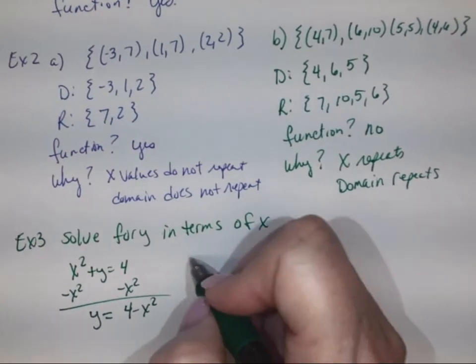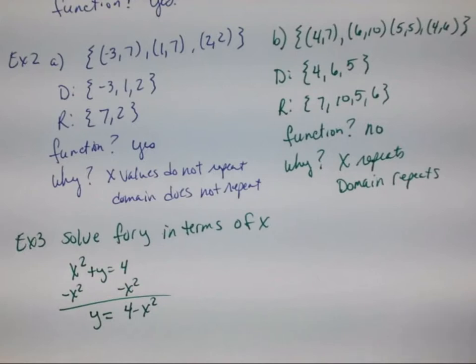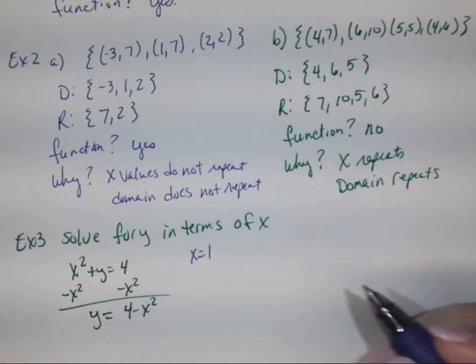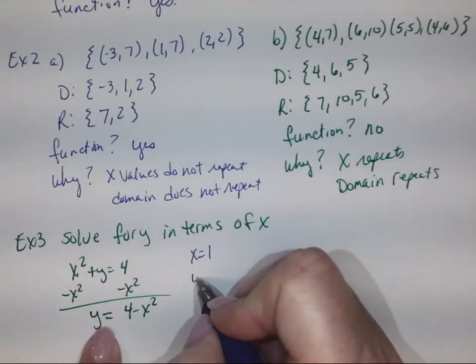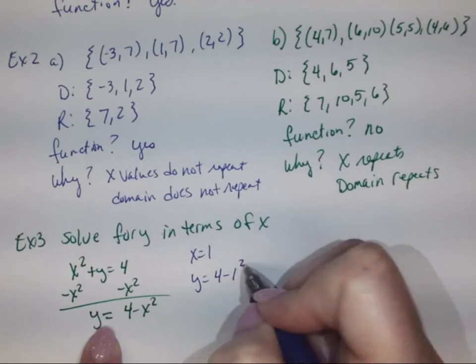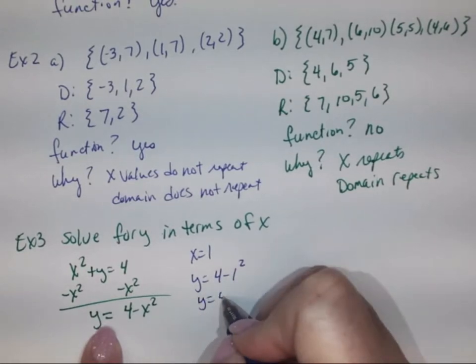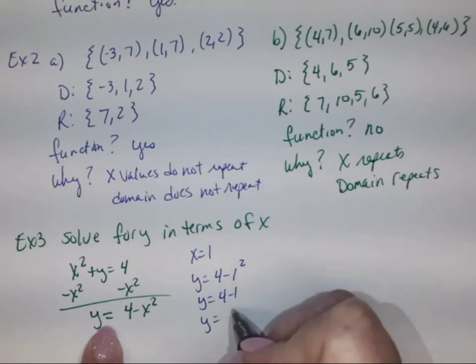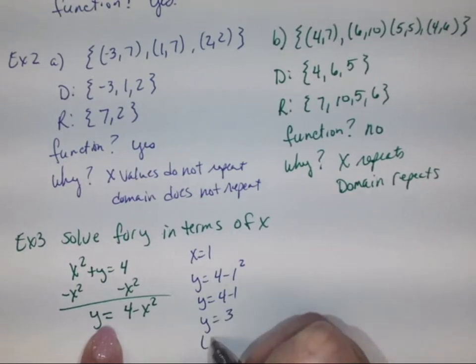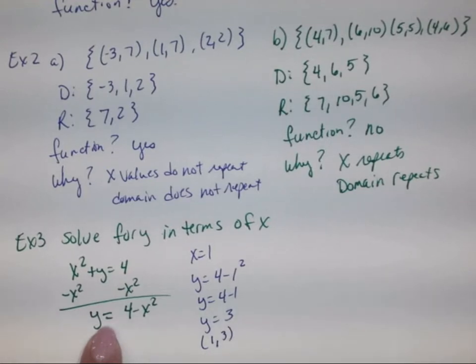Now, we can put in x equal to 1. If we do that, we end up with y is equal to 4 minus 1 squared. Well, 1 squared is 1, so 4 minus 1, we get y is equal to 3. So our ordered pair would be x is 1, y is 3.